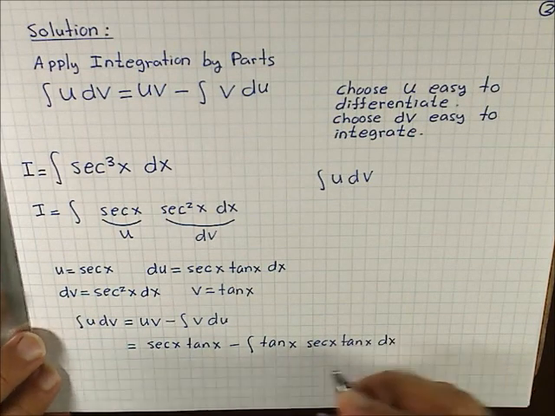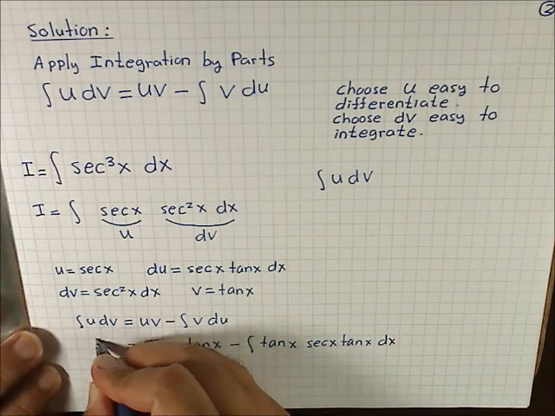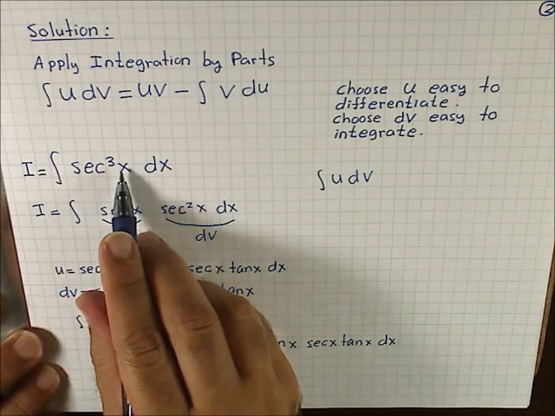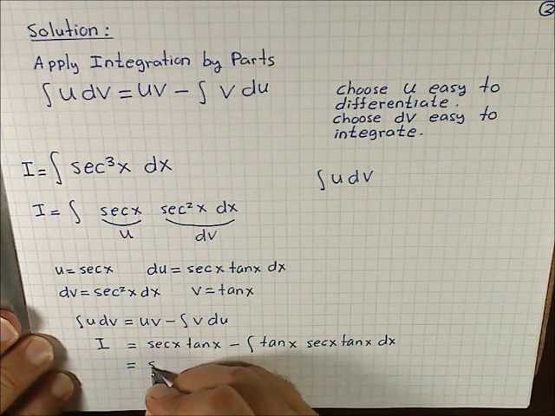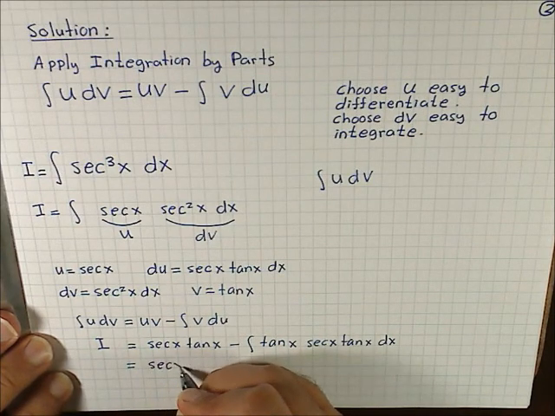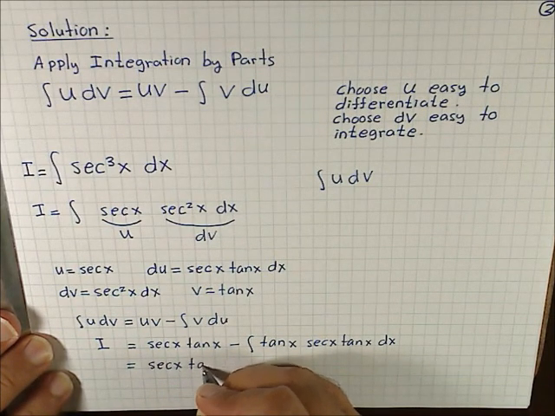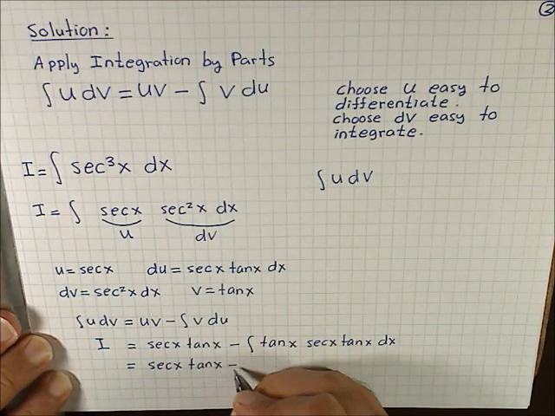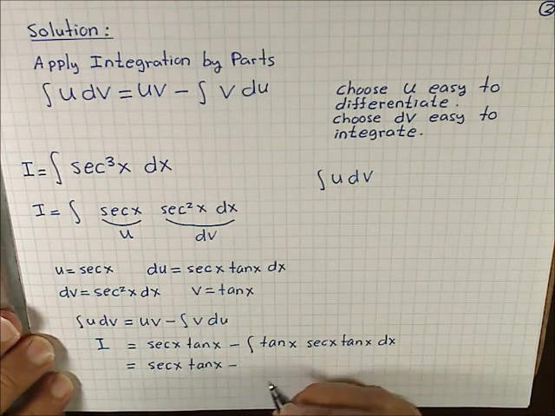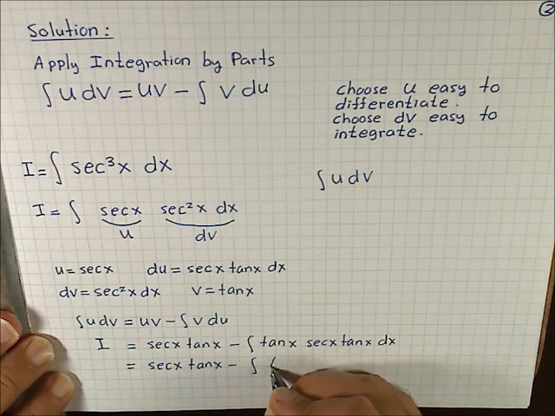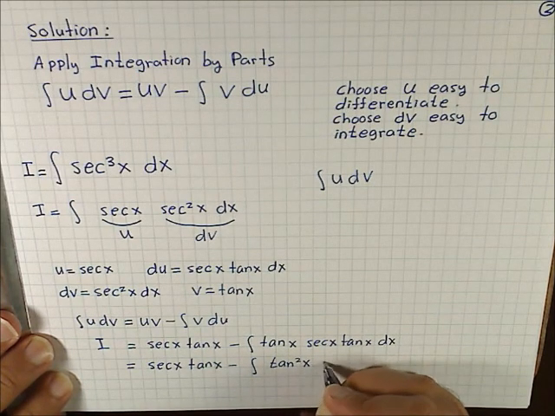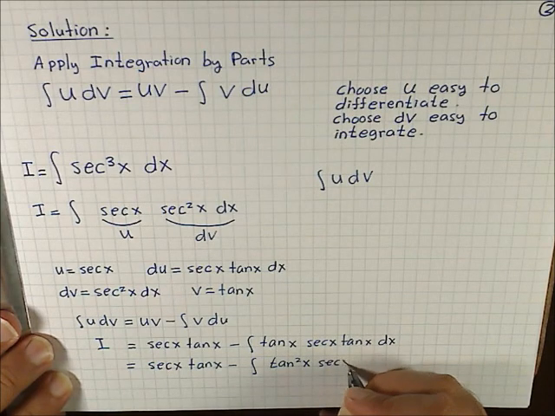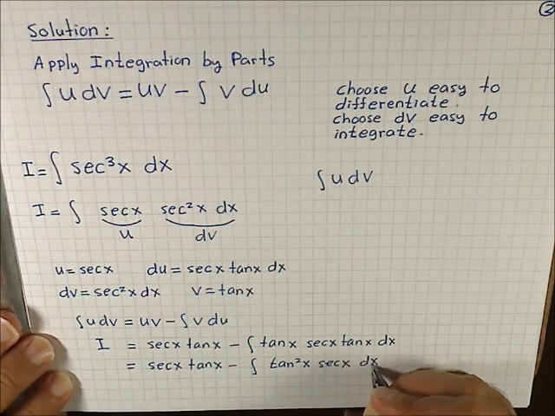And let's call this integral I, because I is equal to integral sec cubed x dx. Okay, we get sec x tan x minus tangent x times tangent x, that's going to give us tan squared x secant x dx.